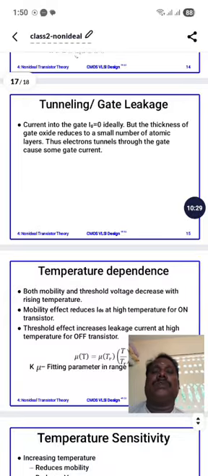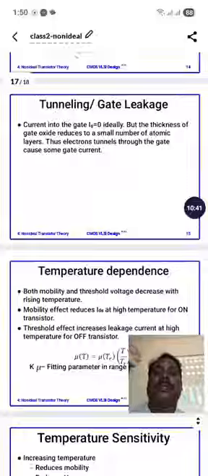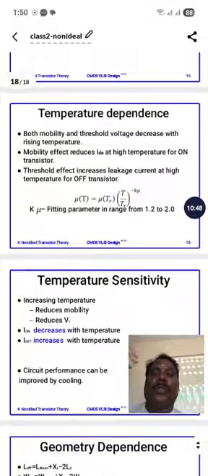The current is very minute compared to the actual, but even though the transistor is off, or in the ideal condition at zero, some carriers move towards the substrate, which causes the gate current. The next one is the temperature dependence.